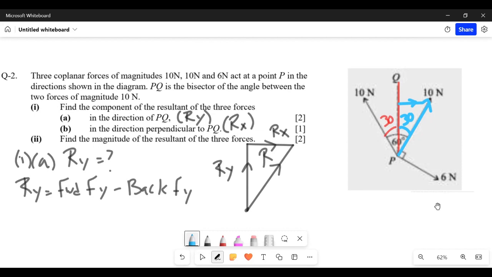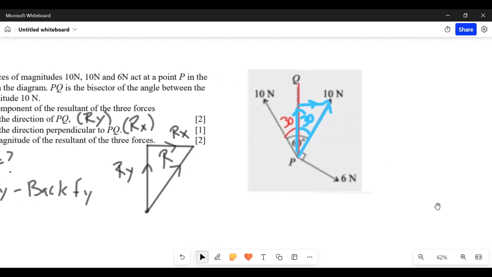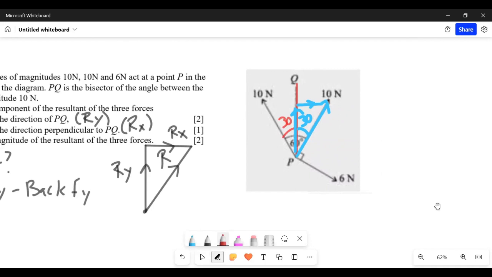Or you can take this angle, which is 60, and then this will be your vertical force and this will be your horizontal force.